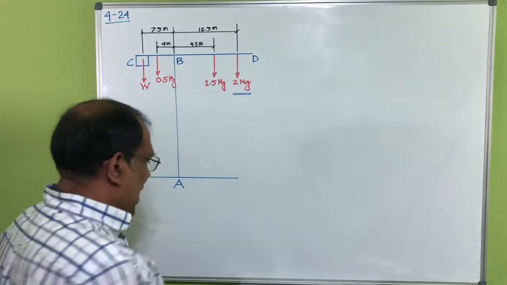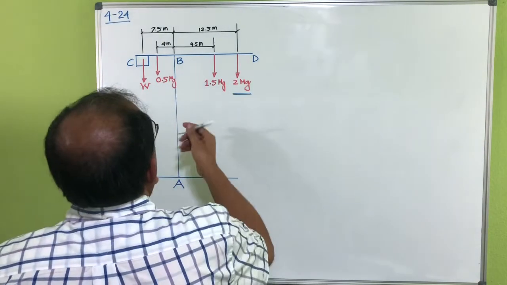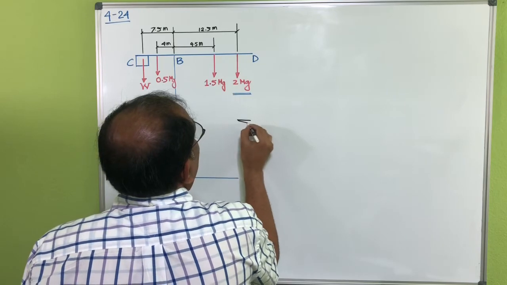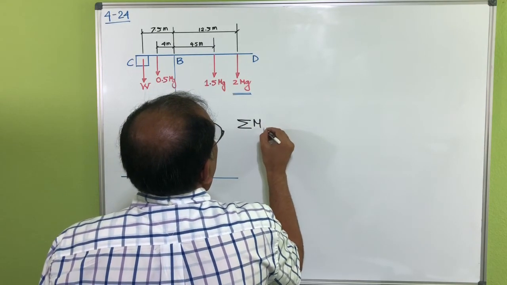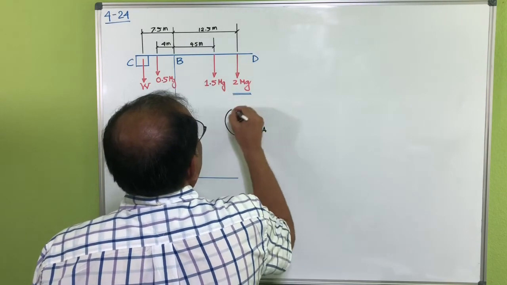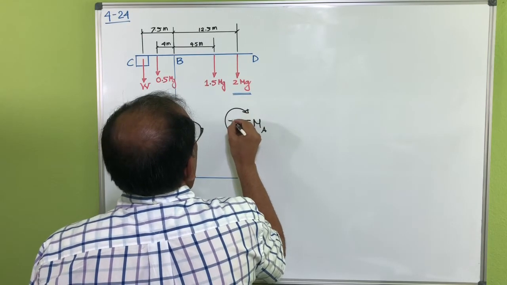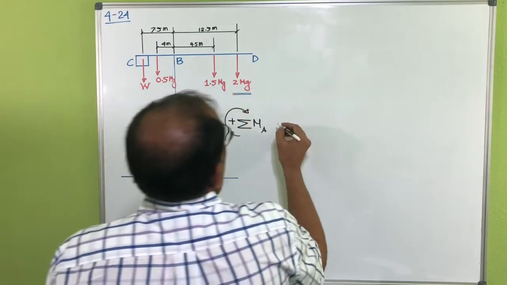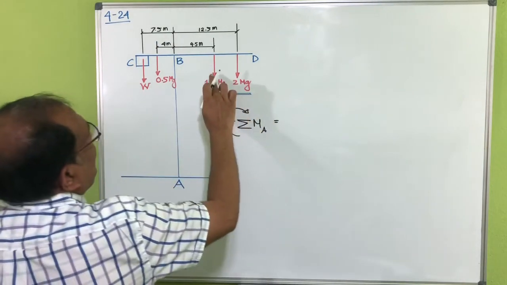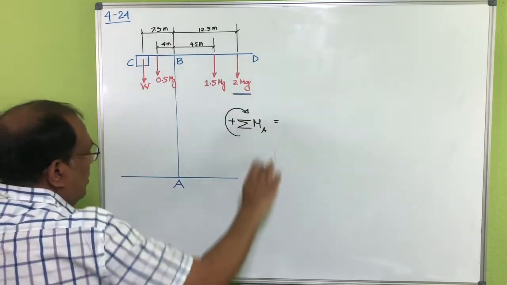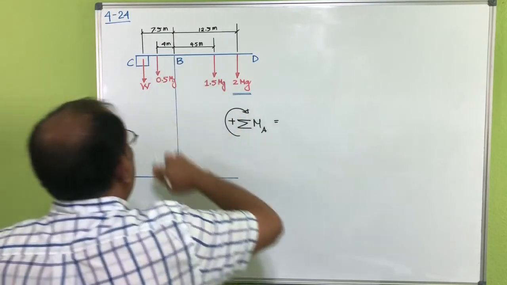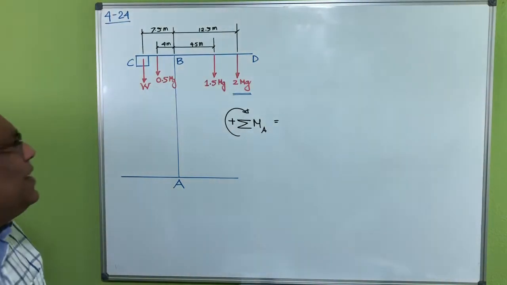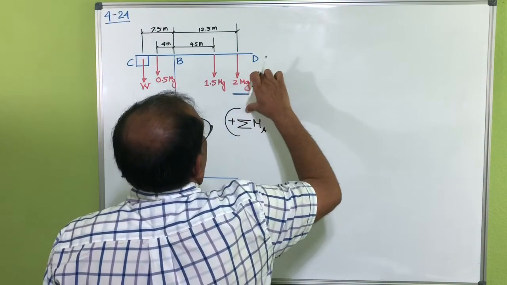So to do that, let's find the summation of moment at A. These two will rotate clockwise and these two will rotate counterclockwise, right? Let me assume counterclockwise is positive, that would be easier.